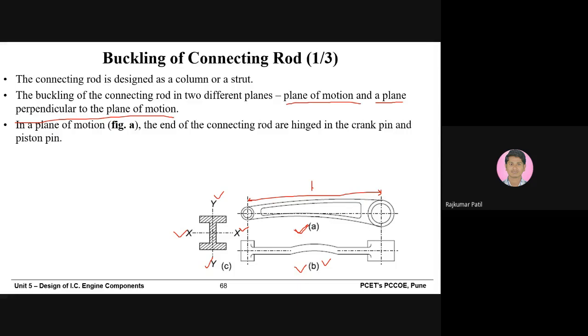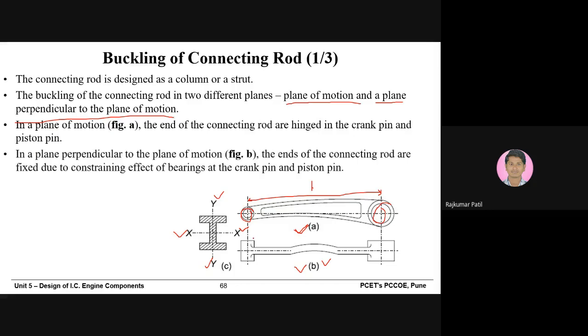So in the plane of motion, that is figure A, the ends of the connecting rod are hinged at the small end and at the big end, in the crank pin and piston pin. And in a plane perpendicular to the motion, figure B, the ends of the connecting rod are fixed due to the constraining effect of the bearing at the crank pin and at the piston pin.